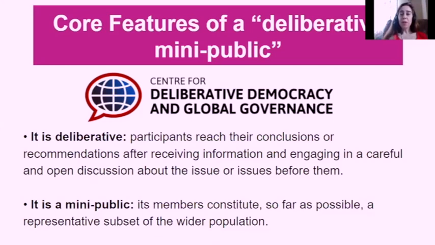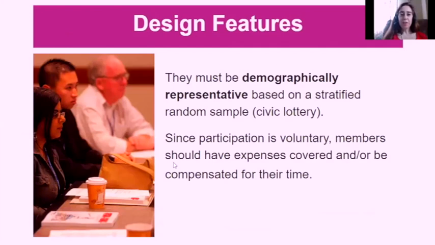So that the idea is that, say these 100 people sit down, over weeks or months to learn and deliberate on an issue, the conclusion that they come to will reflect what Canadians would have come to if all of them could have sat down and been part of that process, because the group at the table is truly representative of the Canadian population. So how do they do this?